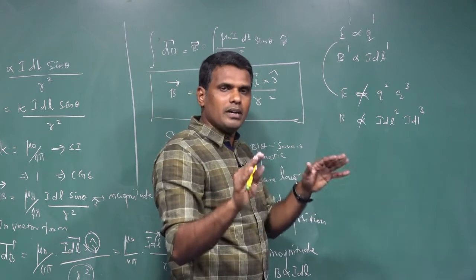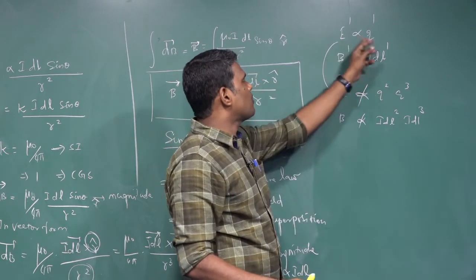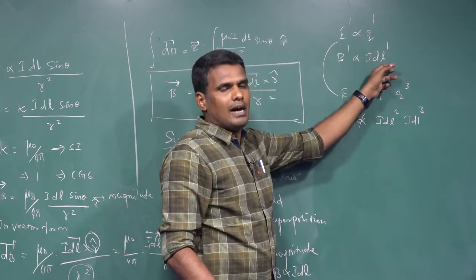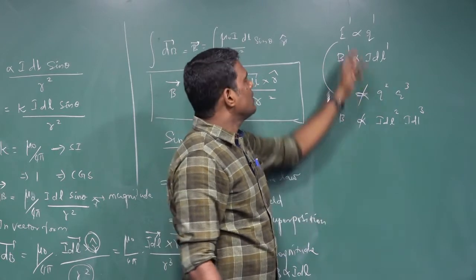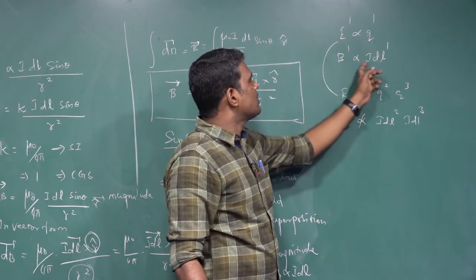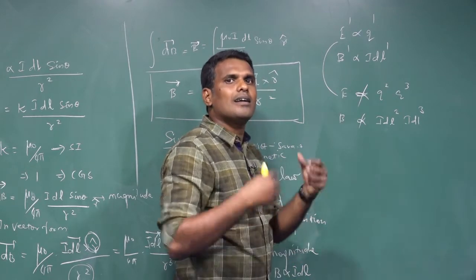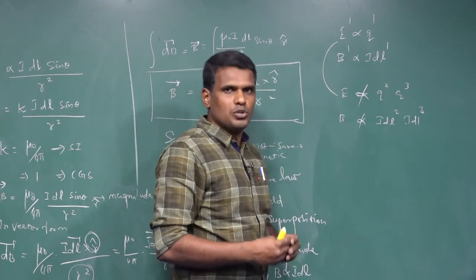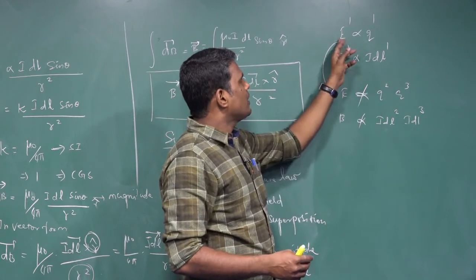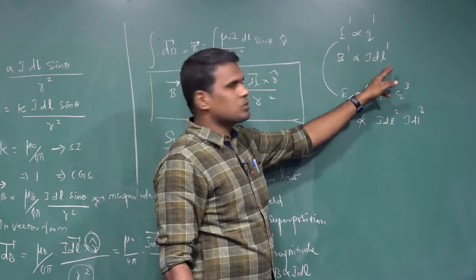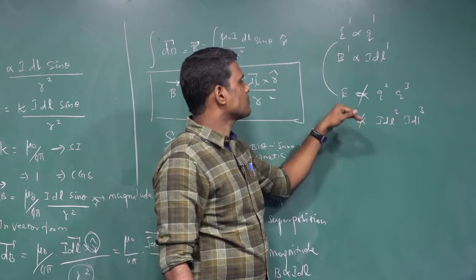Simply they are dependent upon the respective sources like E proportional to Q and B proportional to I dl. Then what does this mean? E varies linearly with Q and B varies linearly with I dl. So their respective fields are linear with their respective sources. Charge E proportional to charge and B proportional to the current element.